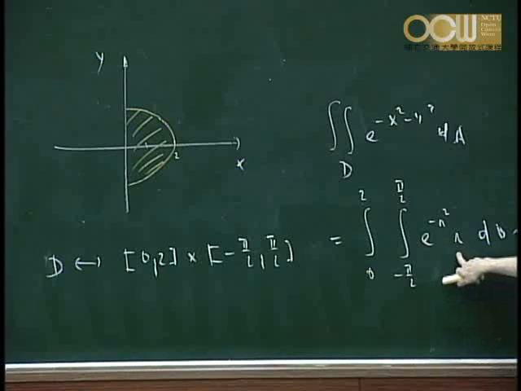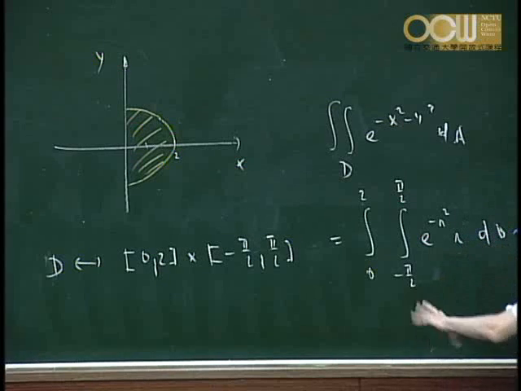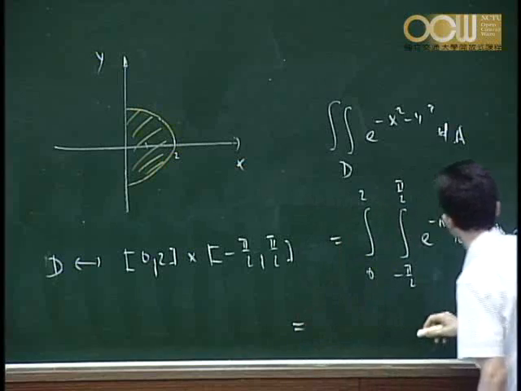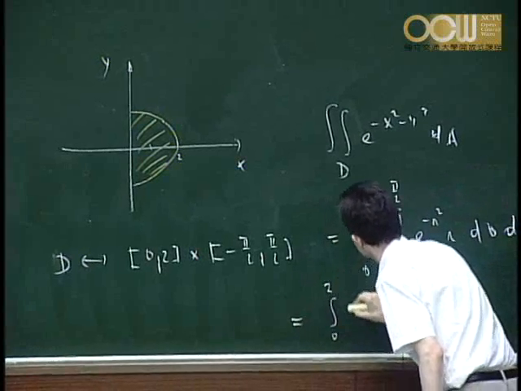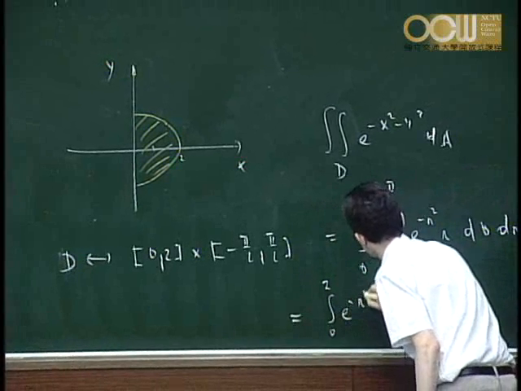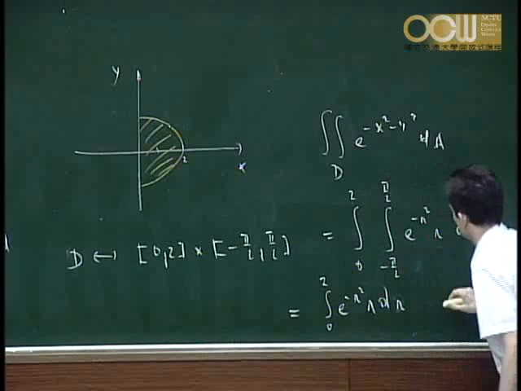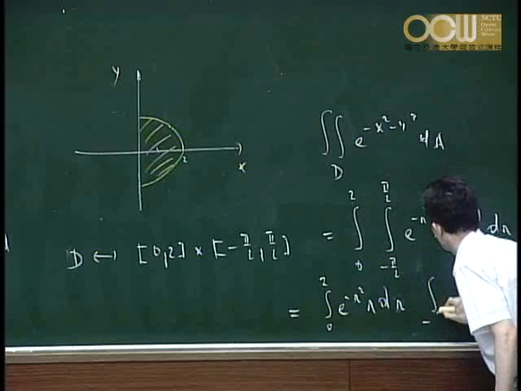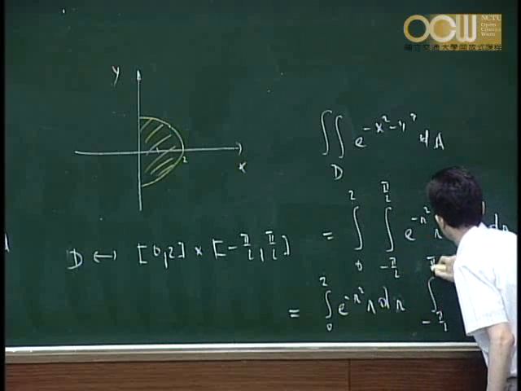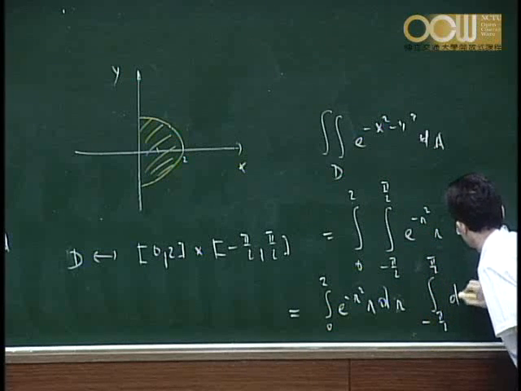Now we see that here the integral does not depend on theta, or you can say the part of theta is equal to 1, so this becomes a product of two integrals. This is the integral from 0 to 2 of e to the minus r square r dr times the integral from minus pi half to pi half of d theta.